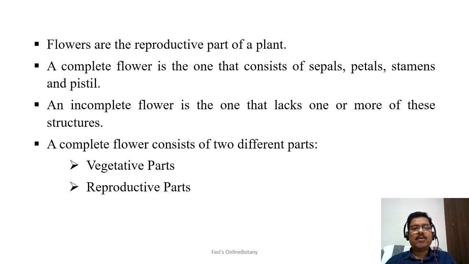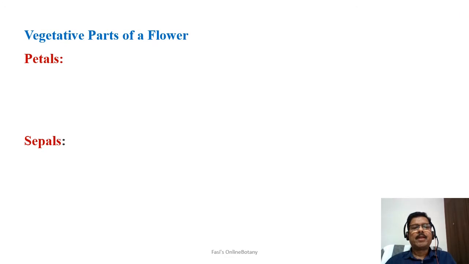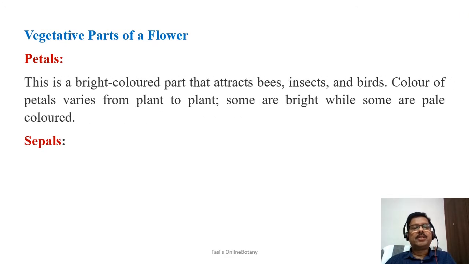A complete flower consists of two different parts, vegetative parts and reproductive parts. The vegetative parts: petals are bright colored parts that attract bees, insects, birds, etc. The color of the petal varies from plant to plant.